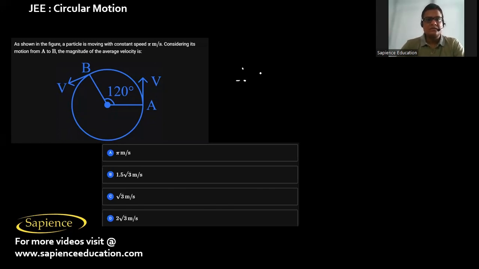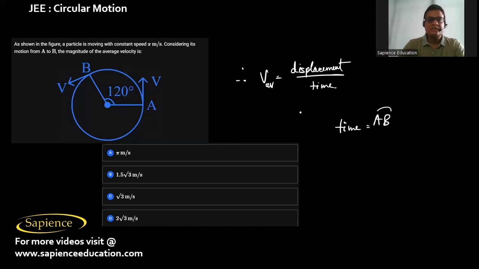So now average velocity, that is given as the total displacement divided by time. Now time required to go from A to B will be equal to the arc length AB divided by the speed, that is V.